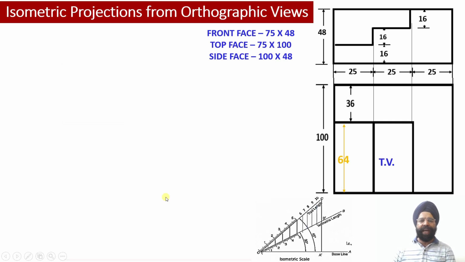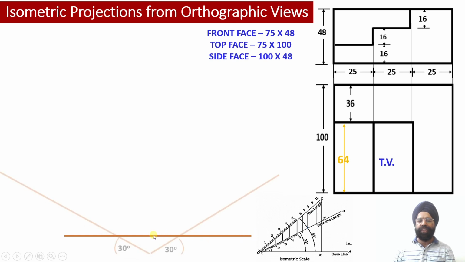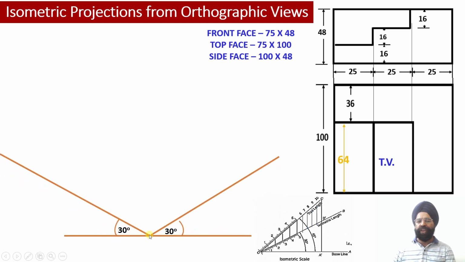So step number 1, we have got this horizontal datum line over here. This is our horizontal ground line, and onto the horizontal ground line we are going to mark an origin point. So this is our origin point. From the origin point towards the left side, we are going to draw the isometric x-axis over here. This is the isometric x-axis towards the left side, which is drawn at an angle of 30 degree.